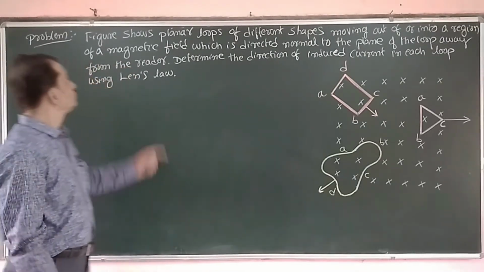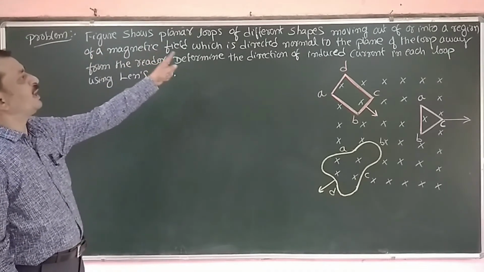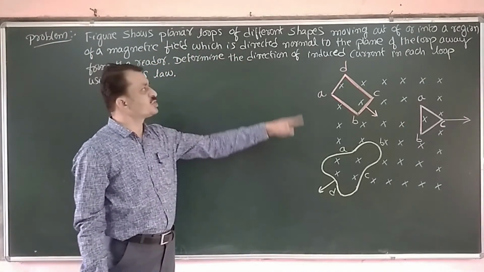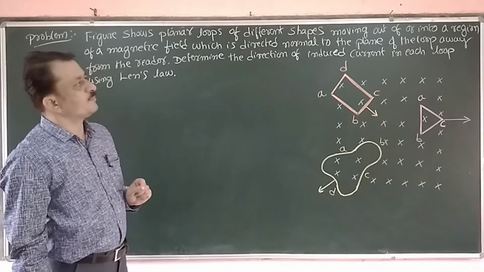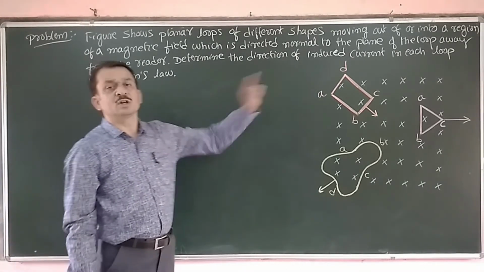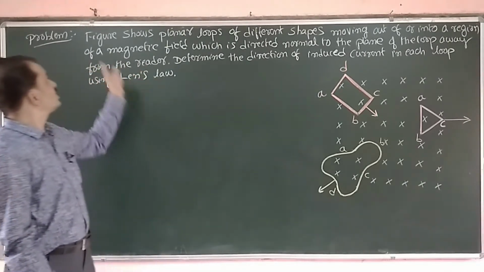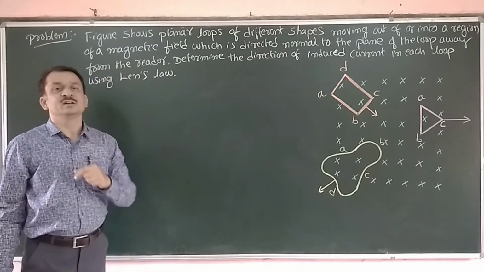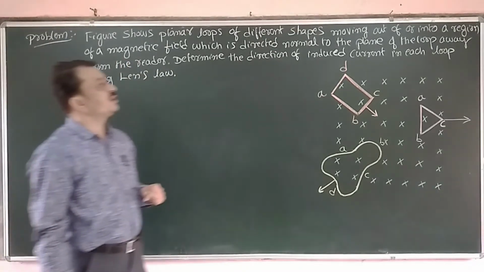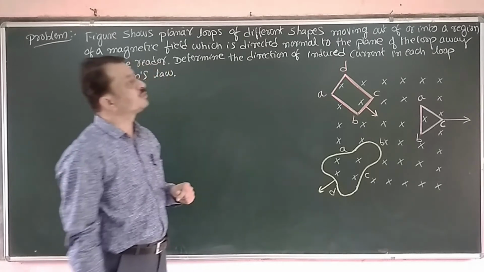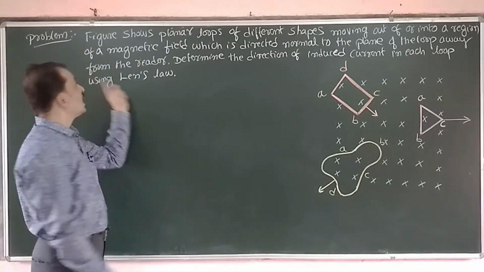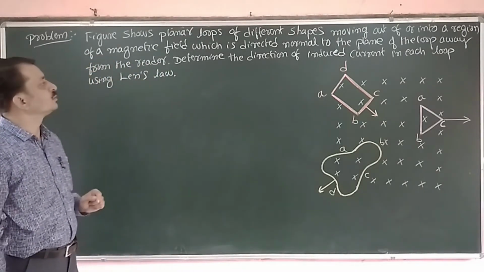Next problem. Figure shows planar loops of different shapes moving out of or into a region of a magnetic field which is directed normal to the plane of the loop away from the reader.